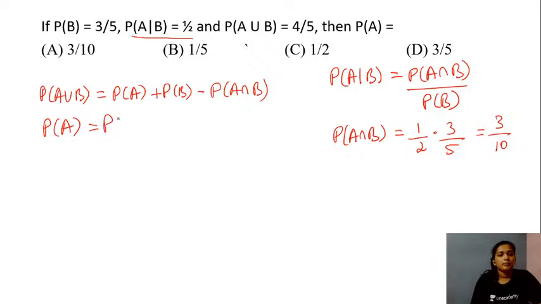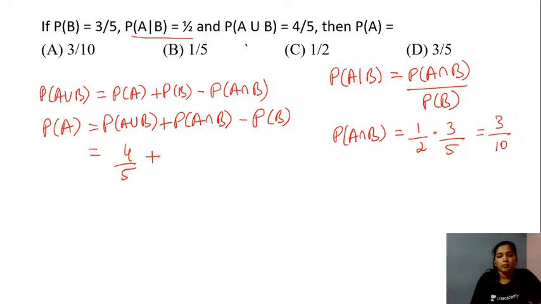Yes, right? Yes, I have rearranged the formula for you all. All that we have to do is substitution. So this is 4 by 5 plus 3 by 10 minus 3 by 5.